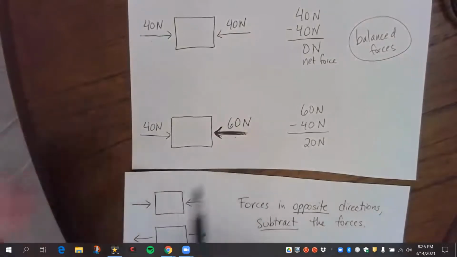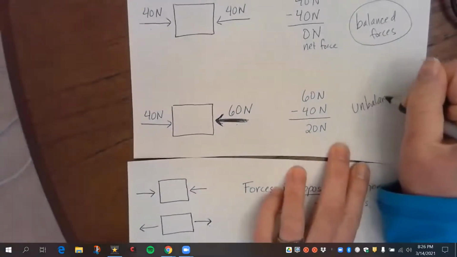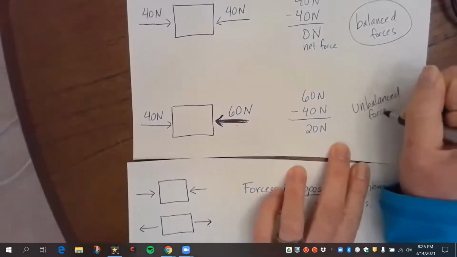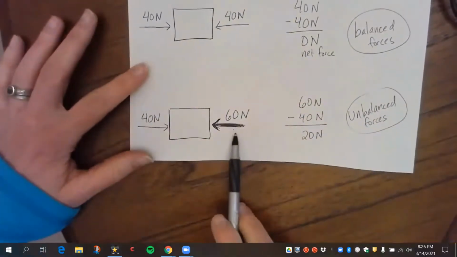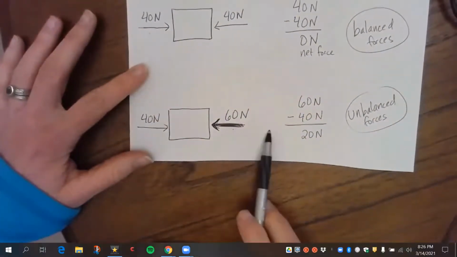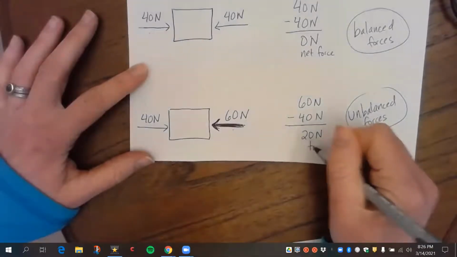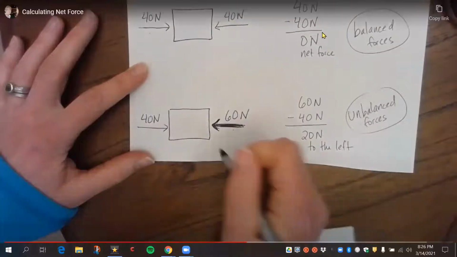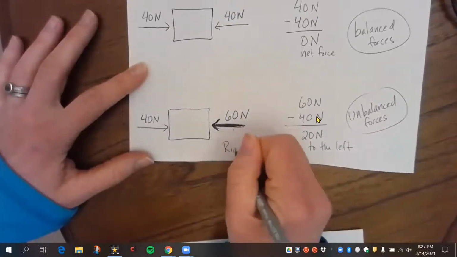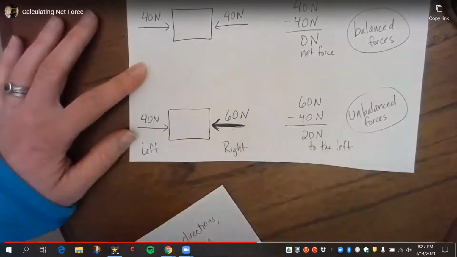There are different sizes, different magnitudes, different strengths of forces, so they are unbalanced. And direction is important, okay? My greater force, my force with a higher magnitude, is going to the left. So that 20 newtons force is going to be to the left, okay? Make sure you know your directions. This is right side, this is left side. The direction is towards the left.